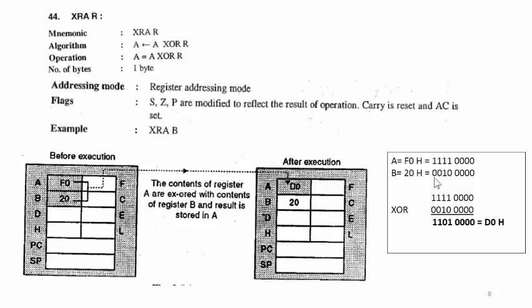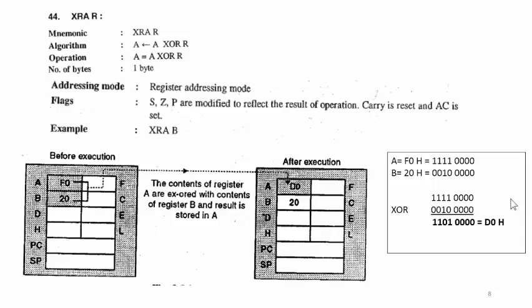In the accumulator we have F0 hex, 1111 0000. In B register 20 hex, 0010 means 2, 0000 means 0. Suppose this XRA B instruction is executed, so XORing of accumulator content and B register.